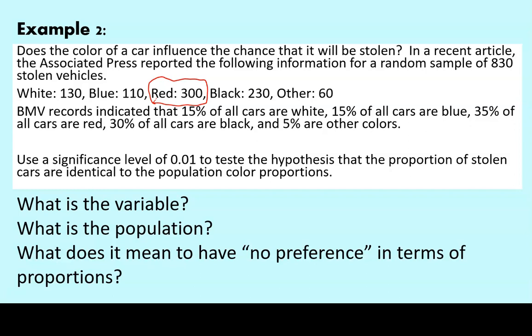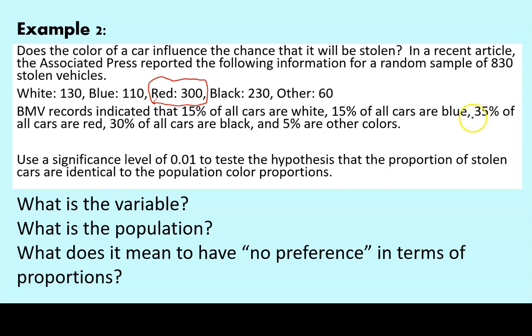So remember, it's not about the raw number of cars, it's about the proportion. So we go to the BMV, and the BMV indicates that 15% of all cars, and I guess we're assuming cars that have registrations that can be driven on the road, are white, 15% are blue, 35% of the cars are red, and 30% of the cars are black. 5% are other colors.